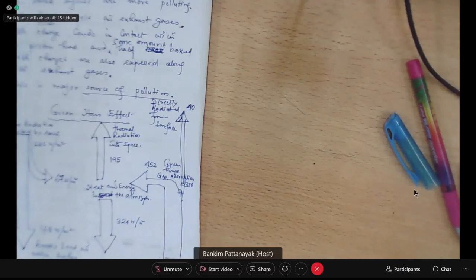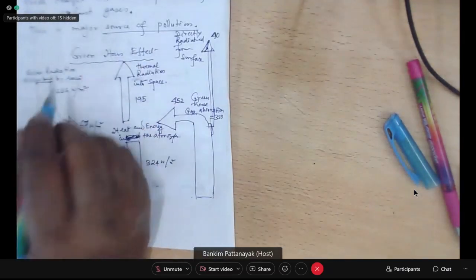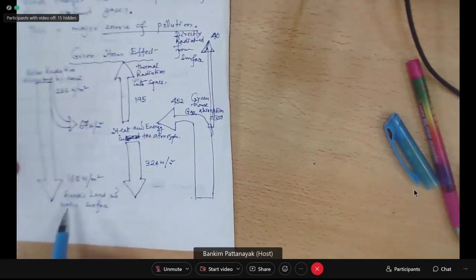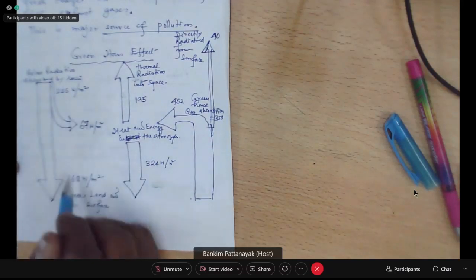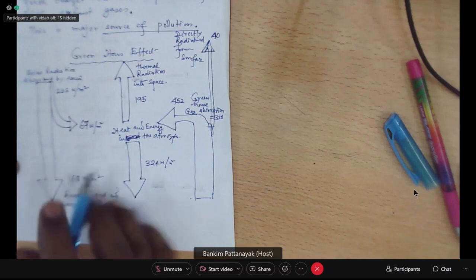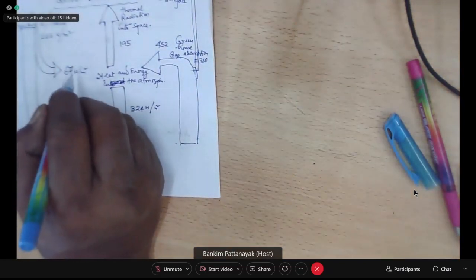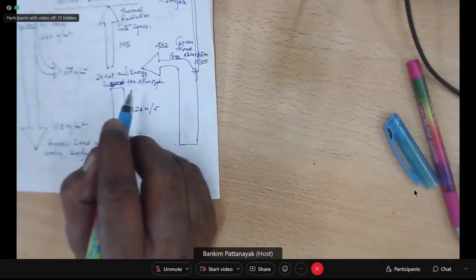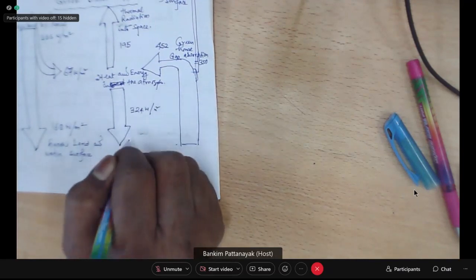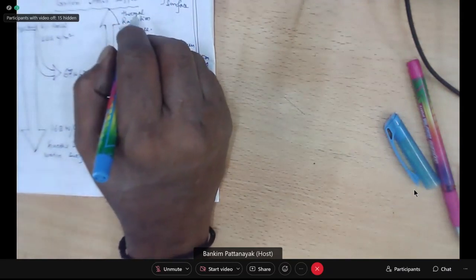So what is actually happening is that the solar radiation absorbed is 235 watt per meter square, out of which 168 is Earth's land and water surface, whereas 67 watt per meter square is into the atmosphere. Heat and energy in the atmosphere is already 324, and thermal radiation into the space is 195.